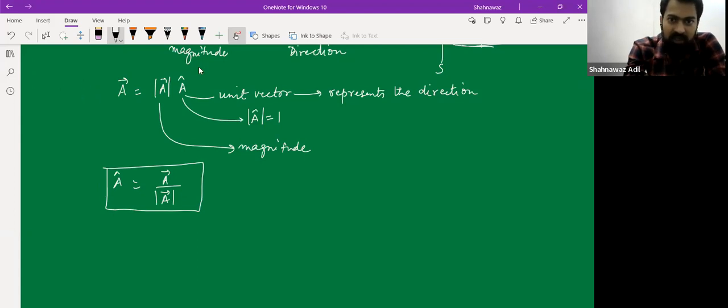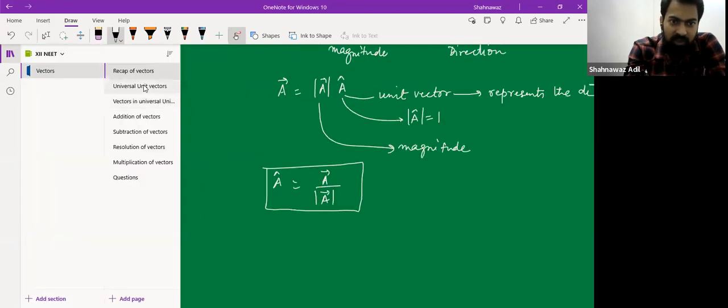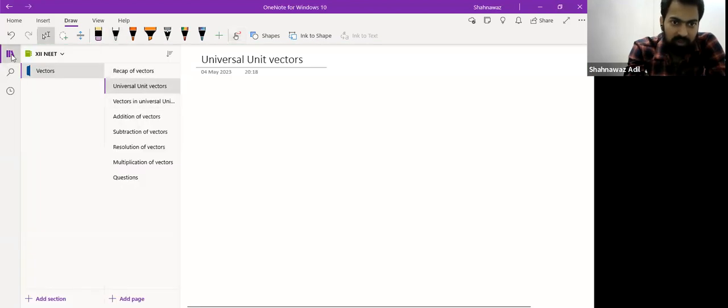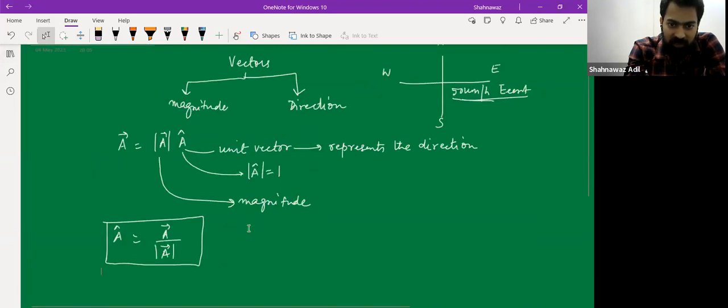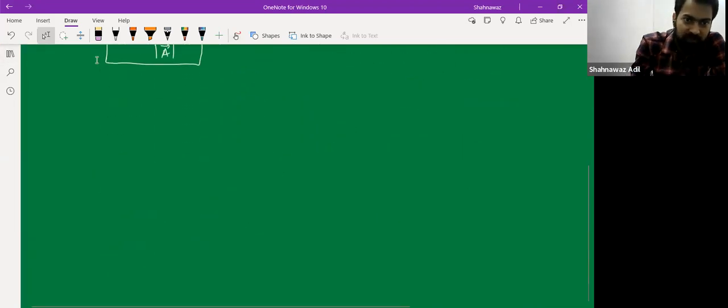Now the second point is that you have the universal unit vectors. Before I do that, let me write what I'll be recapping in today's class. I'll be talking about the universal unit vectors, and then the representation of vectors.